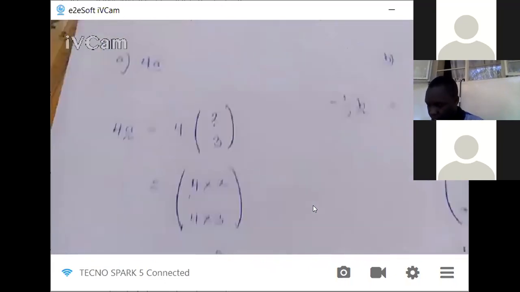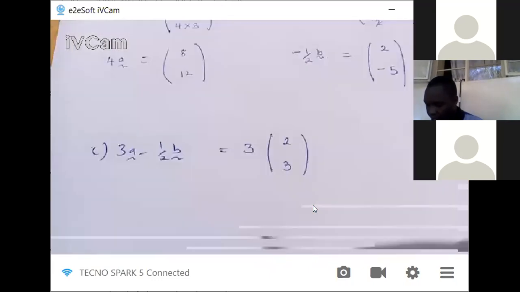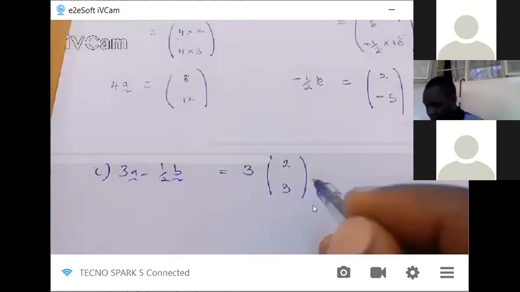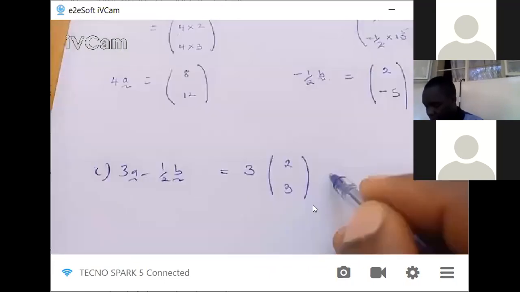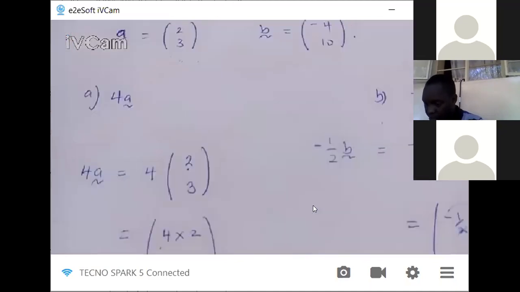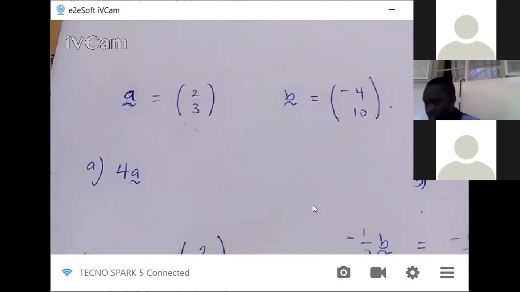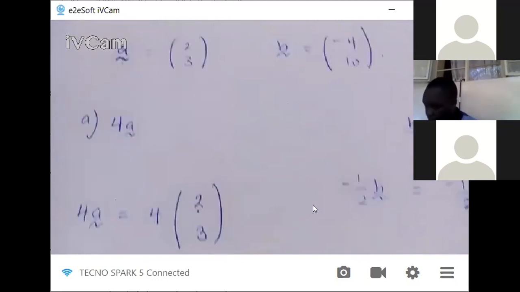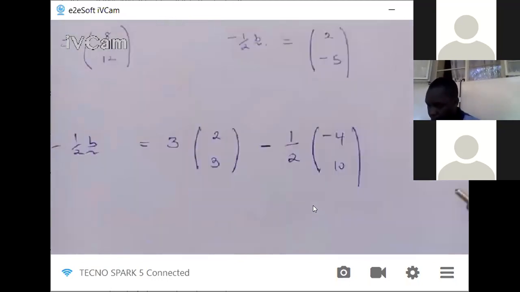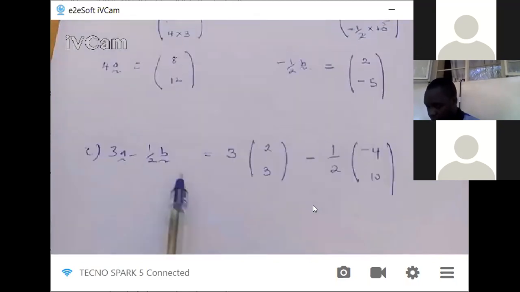So we come and write 2, 3. That's our A. Then minus a half B, but our B in that case was -4, 10. So this is for A, and this is for B.